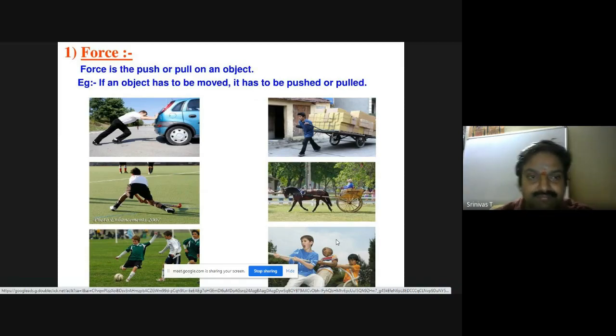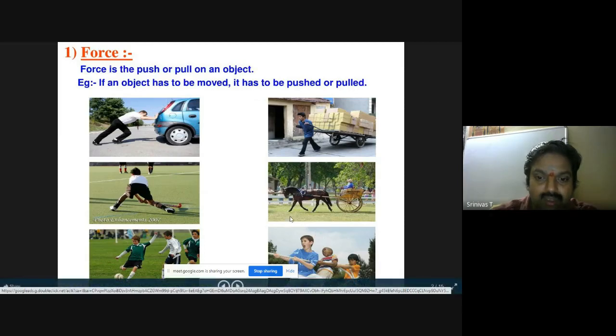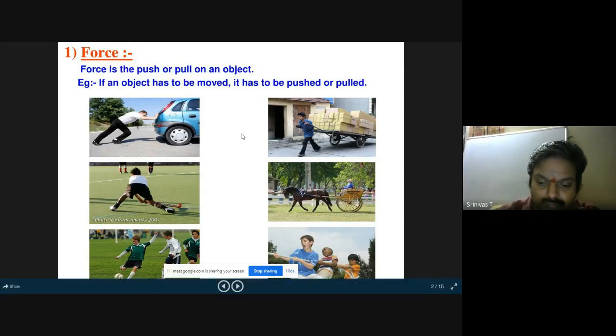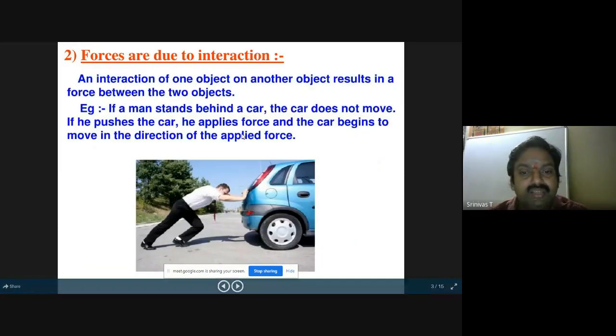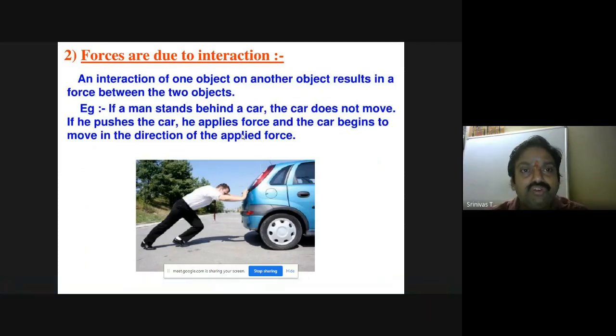Next thing, as I just told you, forces are basically due to what? Whenever we encounter a force, it is basically due to interaction. If there is no interaction, force cannot be there. An interaction of one object and another object results in force between the two objects.